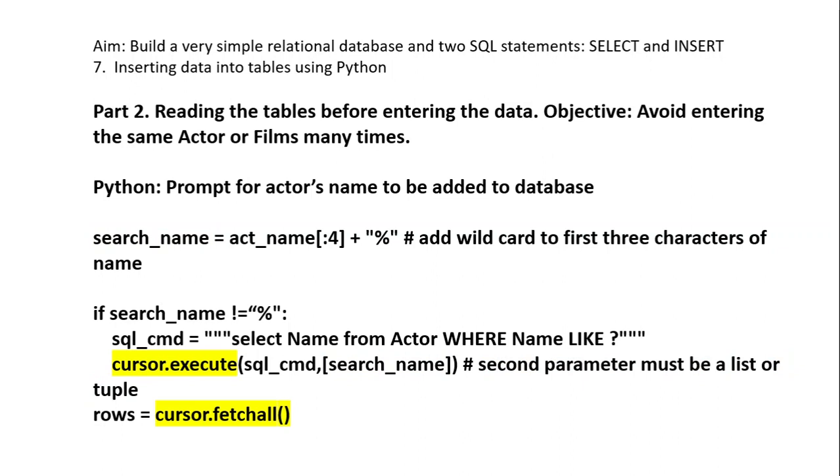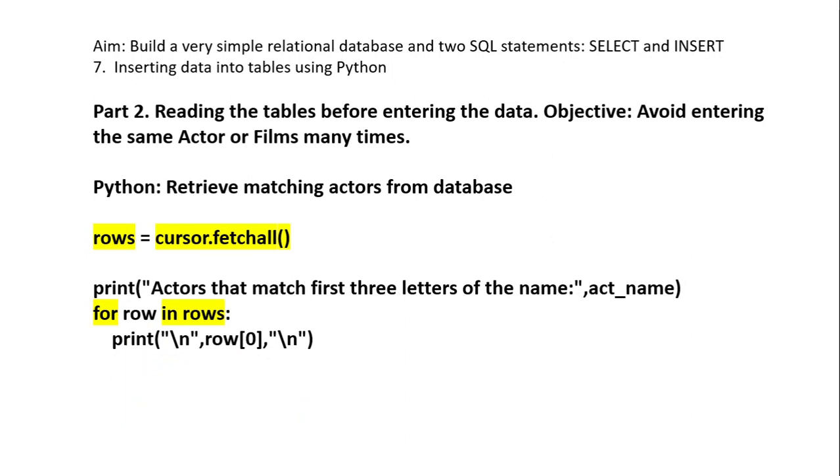After having executed the SQL select, I then have to get the data back into the Python program. And I do that by running the fetchall method against the cursor on the database. And the output from that fetchall method is put into the rows identifier or variable.